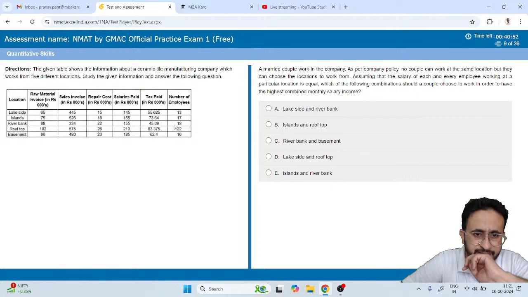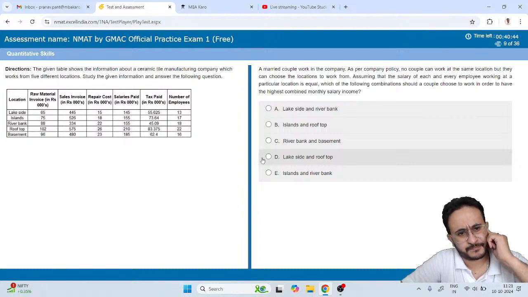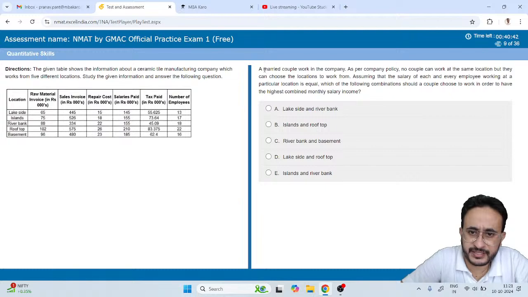Rest are less than 10. The question is wrong. I'll just reread it. Okay, out of these two we need to choose.